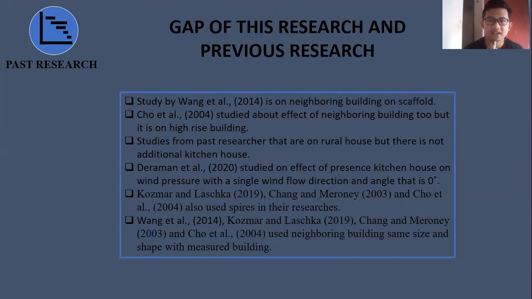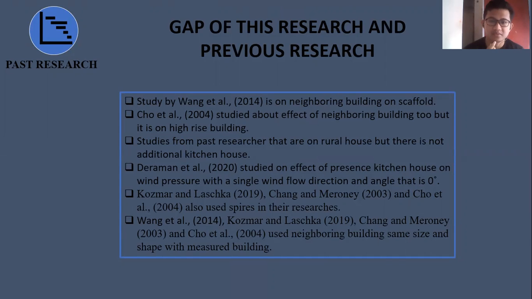And Raman et al. studied the effect of the present kitchen house on wind pressure, with a single wind flow direction and angle of 0 degrees. Kozma and Laska, Chang and Emerone, and Choi et al. also used spires, known as vortex generators, in their research.